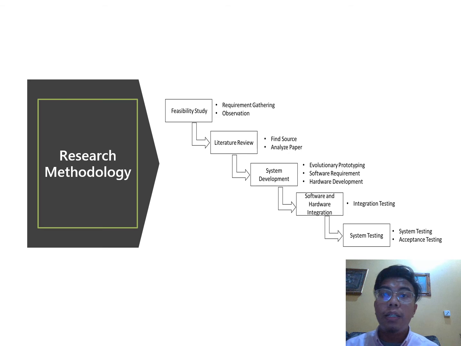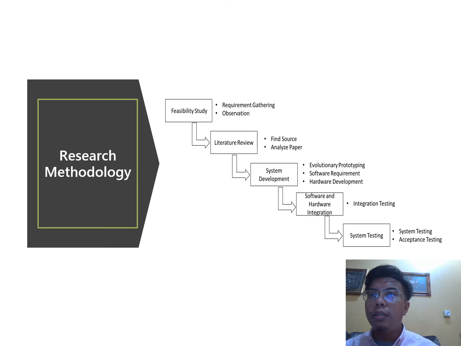For the feasibility study, the requirements as stated and observations have been made to be implemented in the project plan or concept for the study. Next is the literature review.